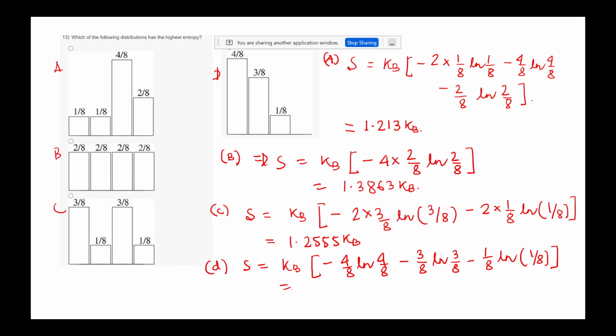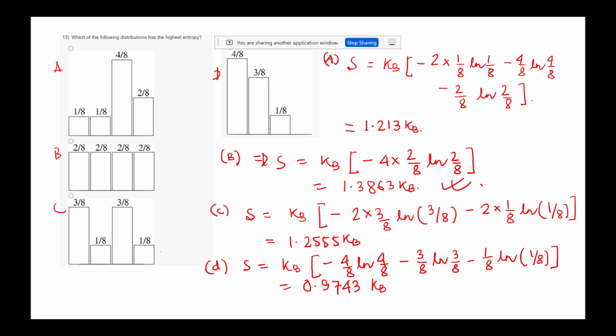So this is the least actually, and B is the maximum.